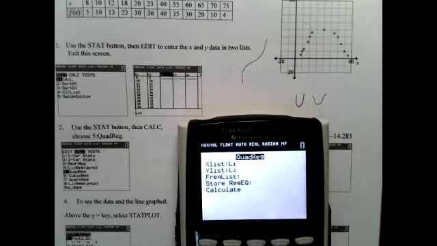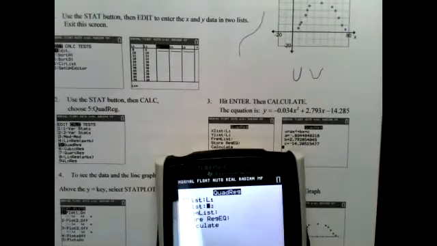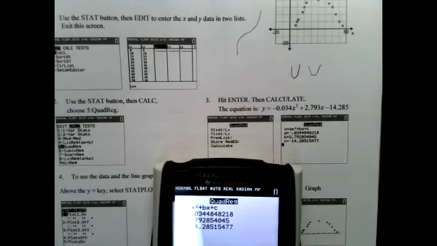And it's all happy. List 1 is L1. List 2 is L2. We're happy with all of that. And then hit enter. And nice, I come up with an equation.